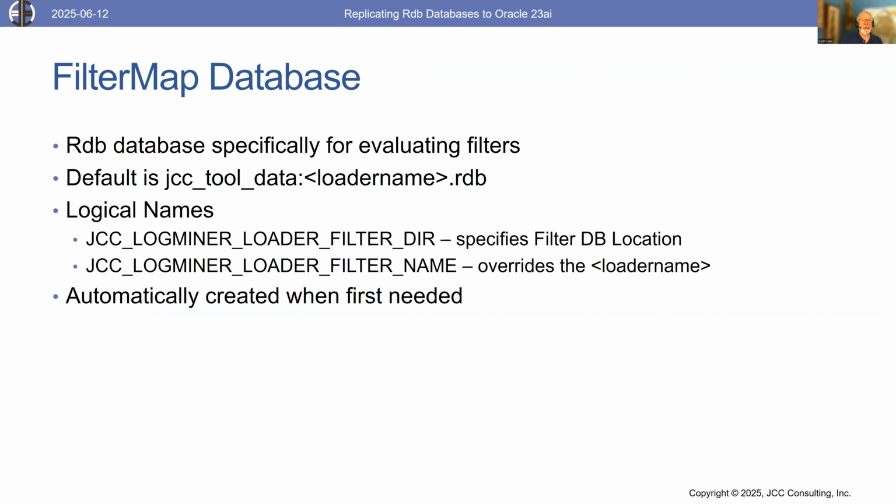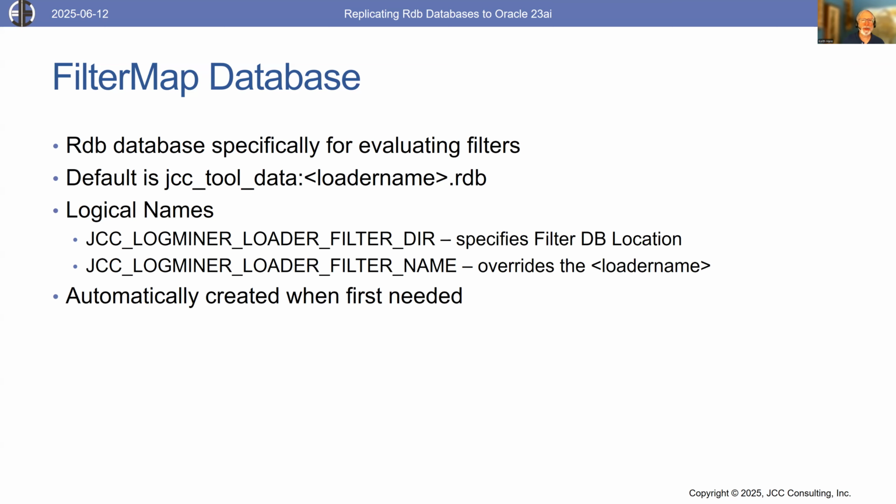I mentioned the filter map database. We set this up specifically for evaluating filters. There's not really much data in it, but we attached to it and used dynamic SQL to evaluate the filter expressions and see whether it's true or not.